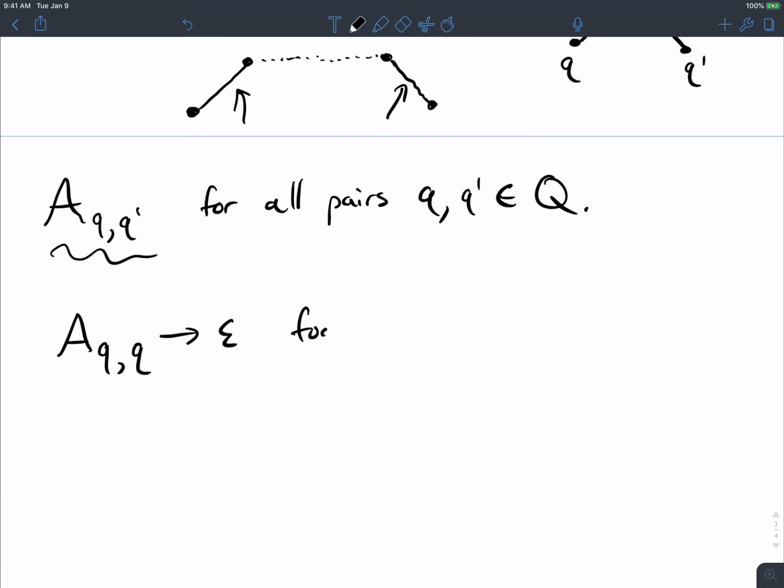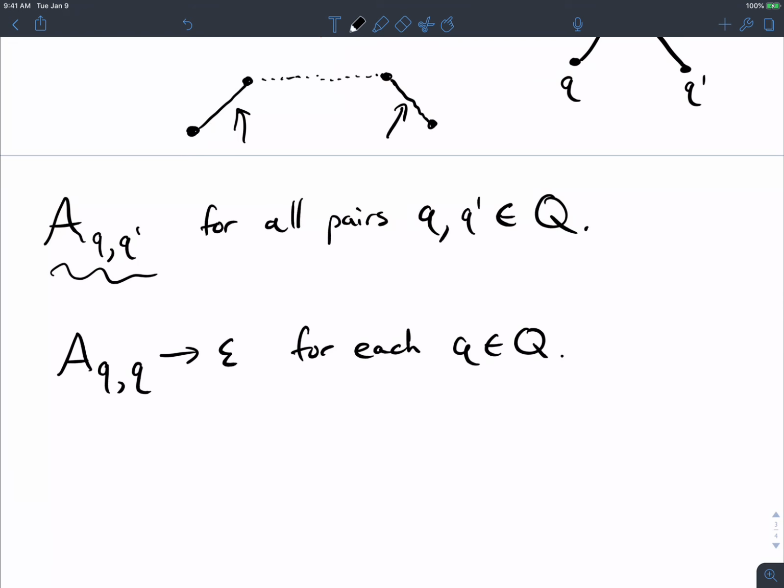So this is for each single state in Q. So this rule right here doesn't relate any of the states to any other state. It's just each individual state by itself. So if we had the start state Q0, we would have A sub Q0 generates the empty string. And we'll do examples of this.